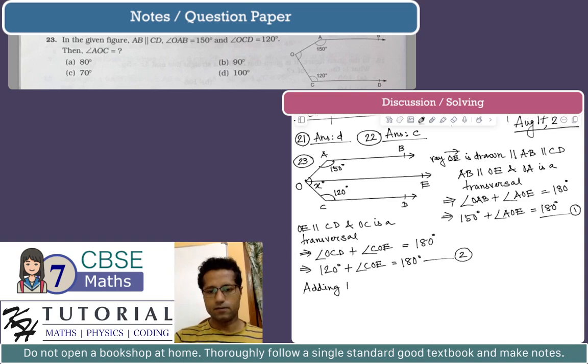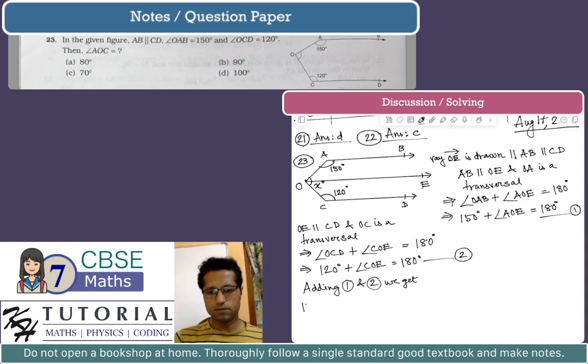So adding 1 and 2, the LHS will be the sum of the LHS of 1 and 2.